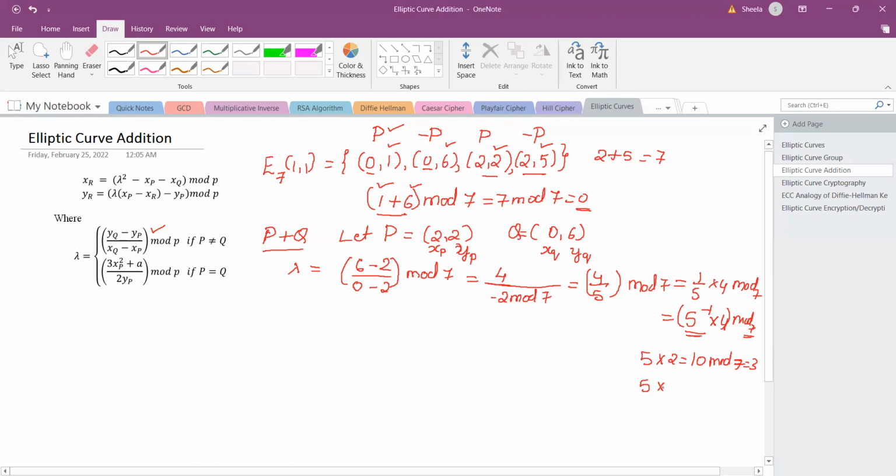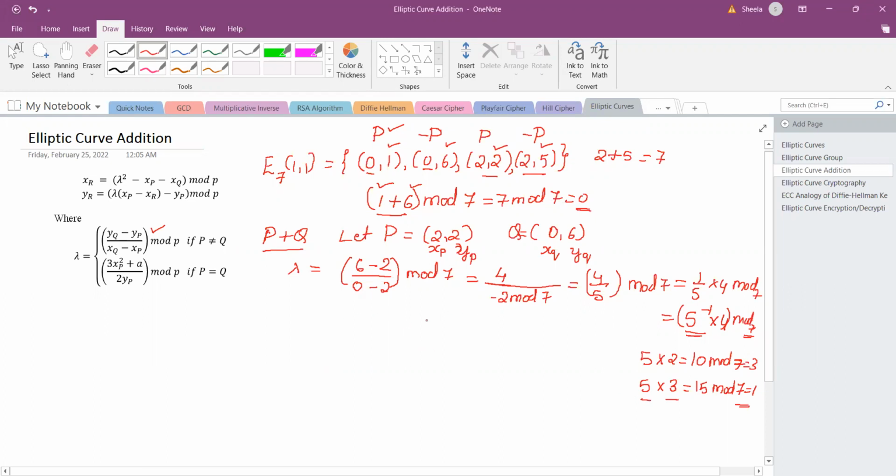And if I multiply 5 with 3, it is 15. 15 mod 7 is equal to 1. So this indicates that 3 is the multiplicative inverse of 5. So now we can find that 5 and 3 are inverses of each other.